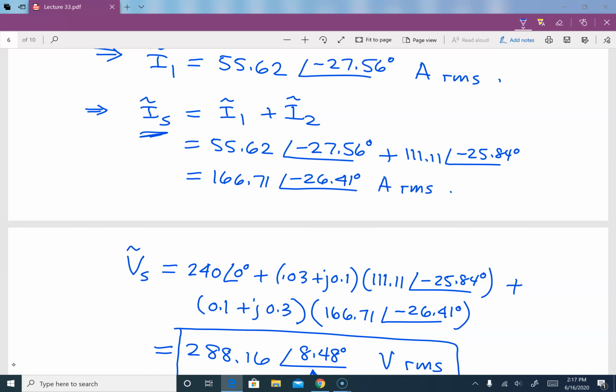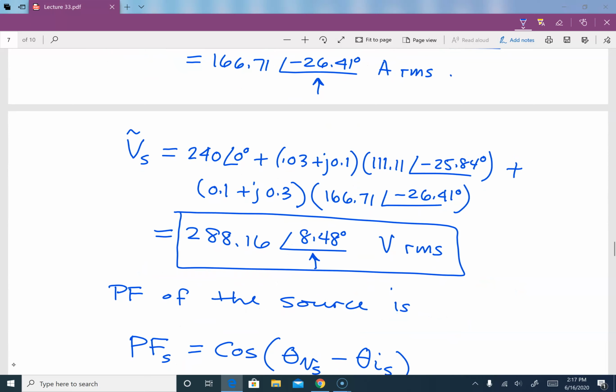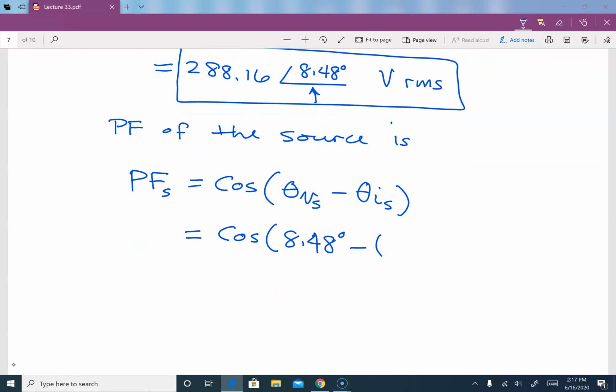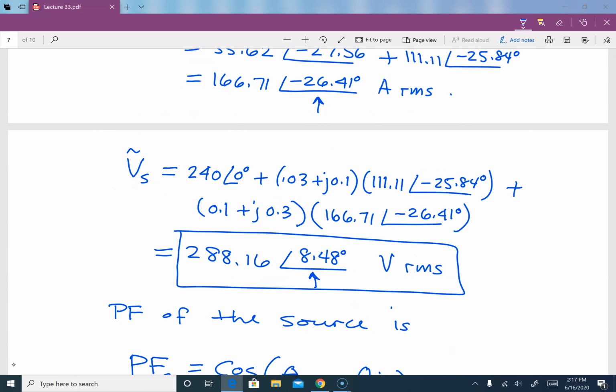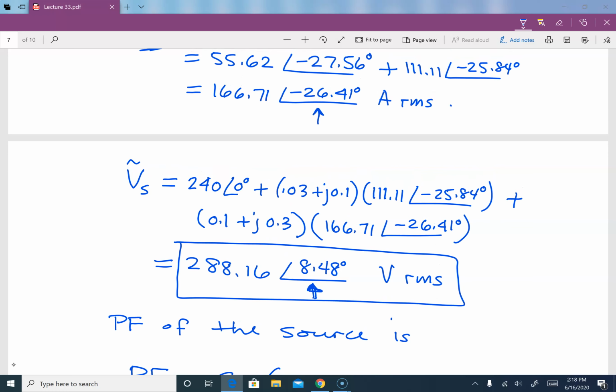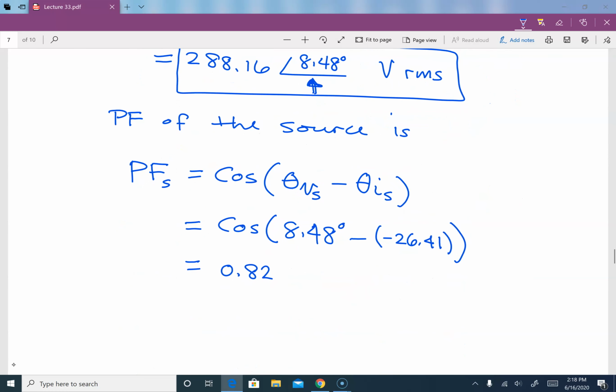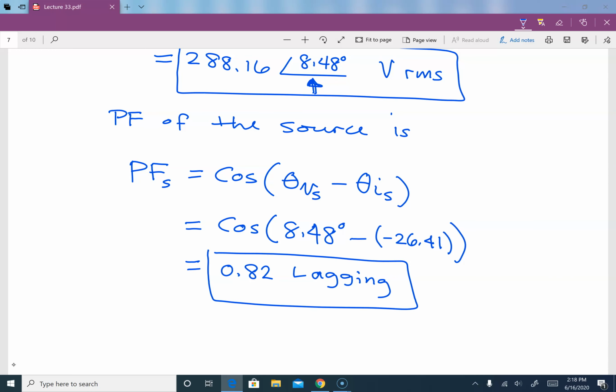If you look at this, this is our angle for IS, negative 26.41. And that is equal to 0.82. And now we look at the voltage. The voltage is positive 8.48 and the current is negative 26.41. Then the current is behind. That means our power factor is lagging. And this is the final answer in this case.